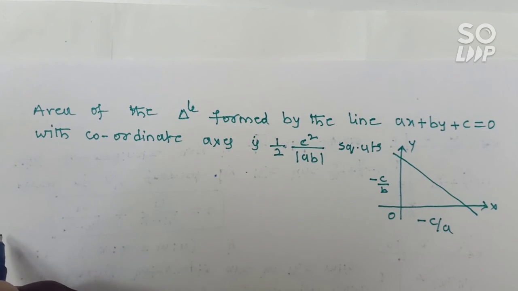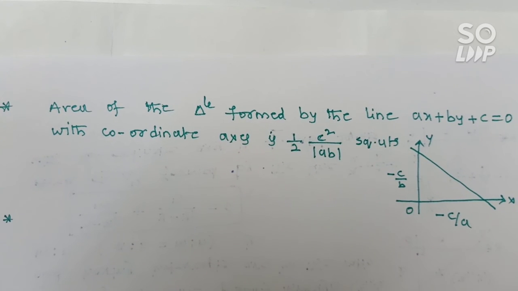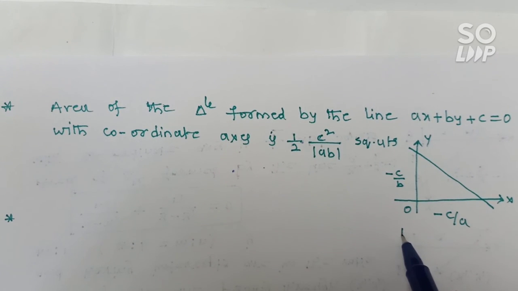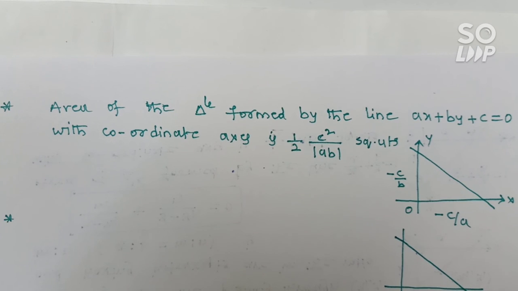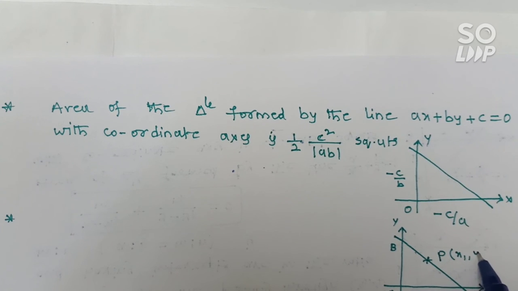The next concept is, suppose a line cuts the coordinate axis at A and B, and passes through the point P is equal to x1 comma y1.